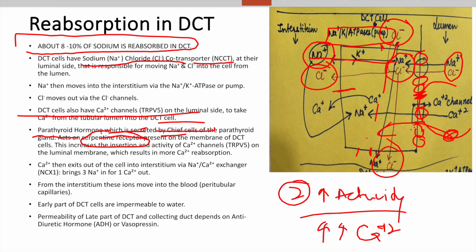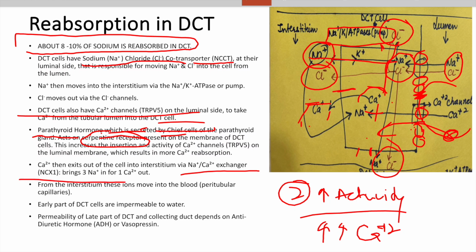Now the cell is loaded with calcium. Calcium is transported out of the cell into the interstitium to get reabsorbed back into the blood, that is the peritubular capillaries, with the help of an antiporter or exchanger known as the sodium calcium exchanger.